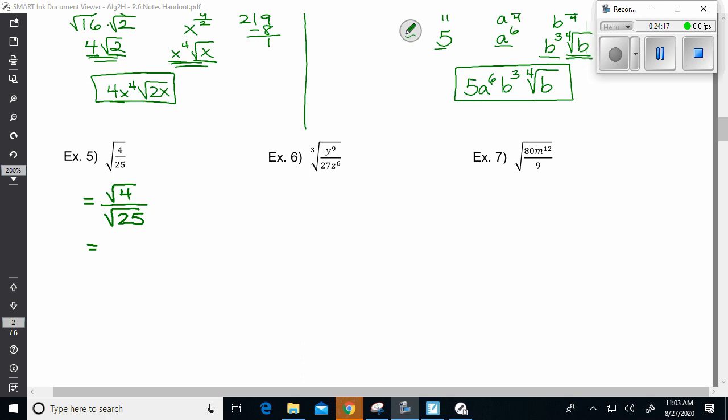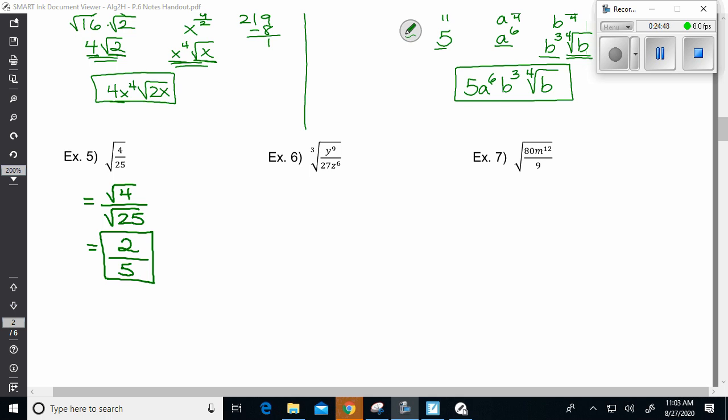The square root of 4 is 2, and the square root of 25 is 5. That's it, problem's over. So if you have the square root of a fraction, you separate it. And you leave it as a fraction. Do not give it as a decimal.